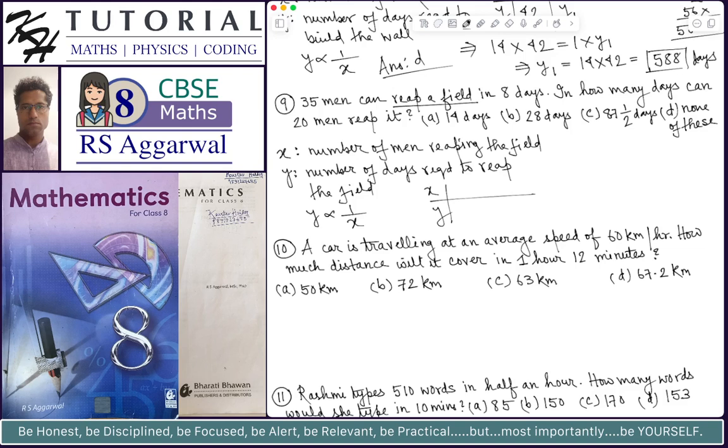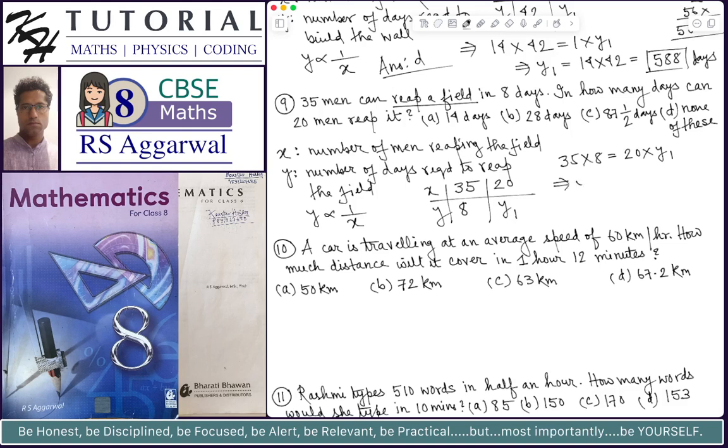It is given that 35 men reaping the field can reap the field in 8 days. Now it is asking in how many days can 20 men reap. Let us assume that 20 men can reap the field in y1 days. So we must have 35 multiplied by 8 is equal to 20 multiplied by y1.